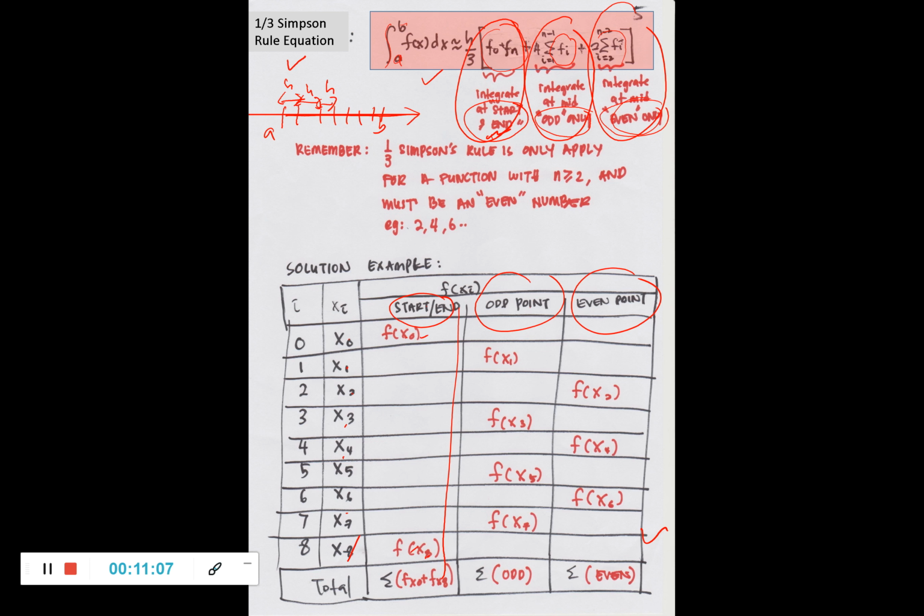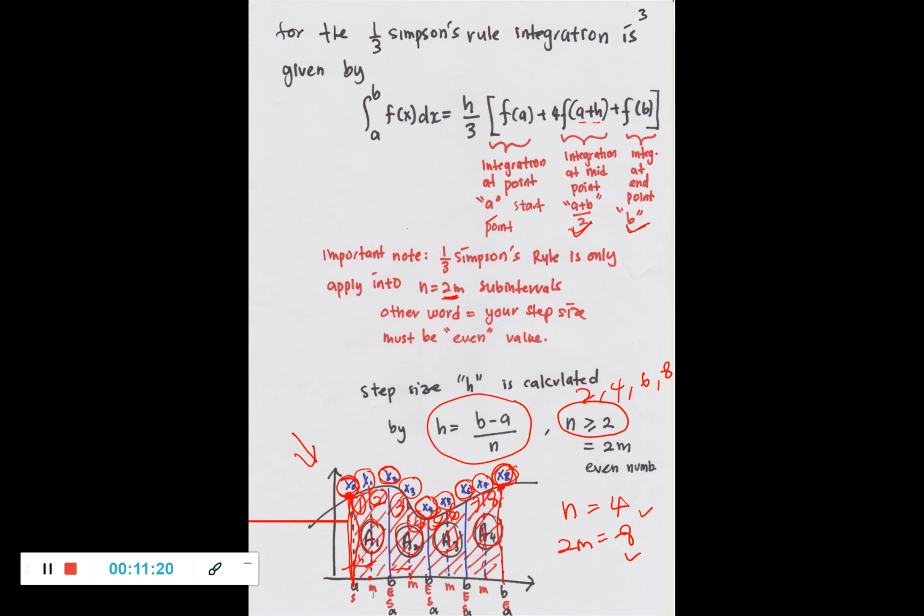Pada odd point, pada mid point tapi pada odd value, okay, adalah pada titik X1, X3, X5, X7. Okay, so go back to my graph. Odd is ganjil. Okay, X1, titik yang in middle point ataupun you punya center point between two interval ni.